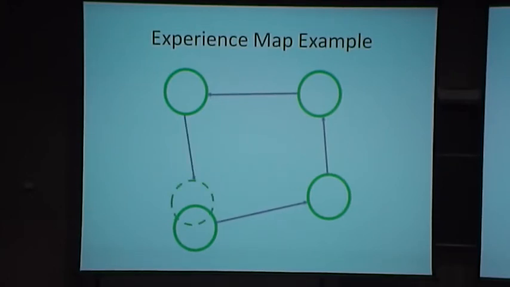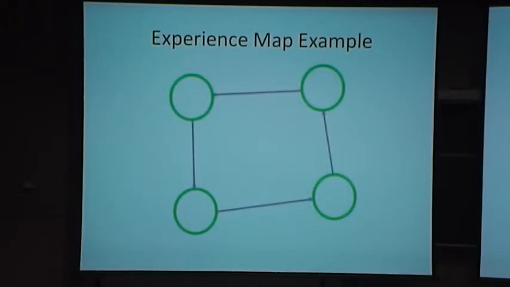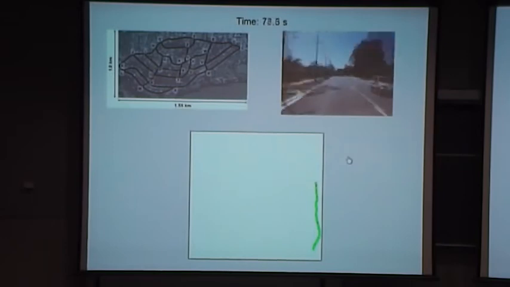If you close the loop, in other words, you come back to the same experience that has the same pose code and the same local view, then you can start to do all of your nice graph relaxation techniques to build up a pretty good global map that's actually human readable to some extent, and it's useful for path planning.